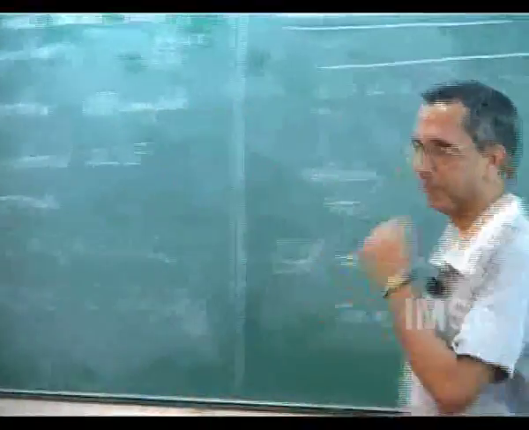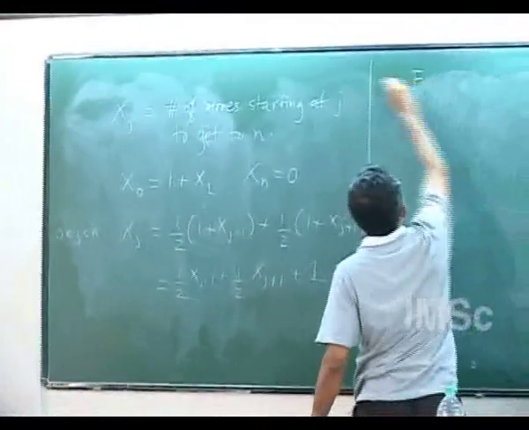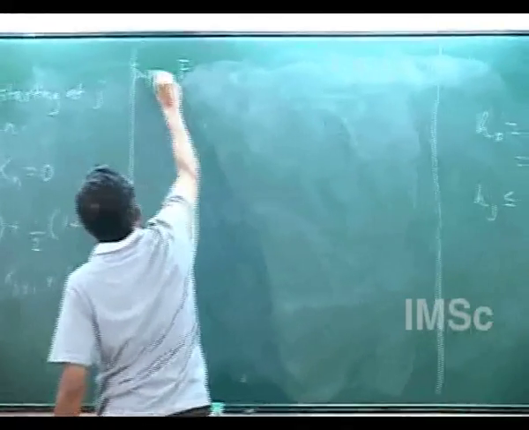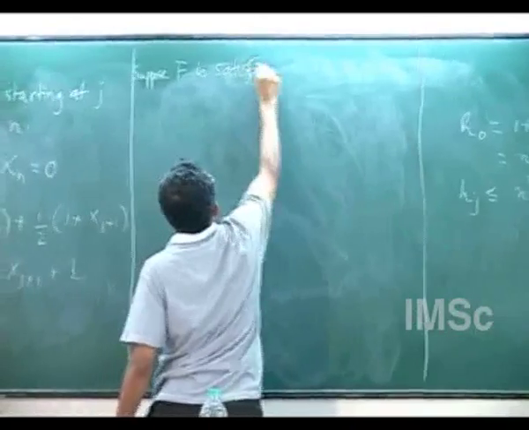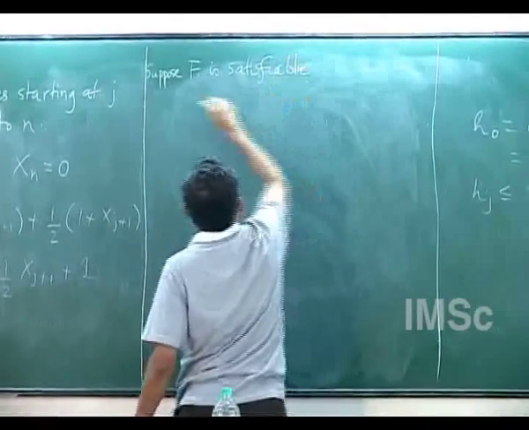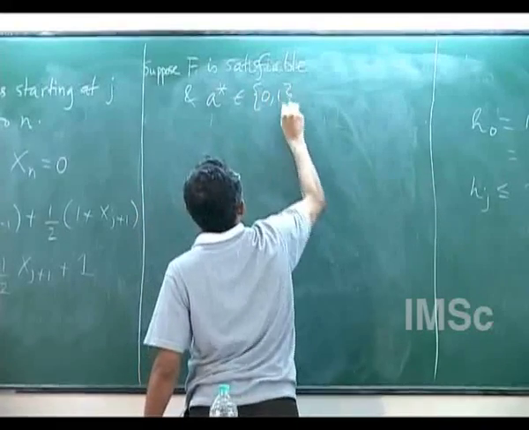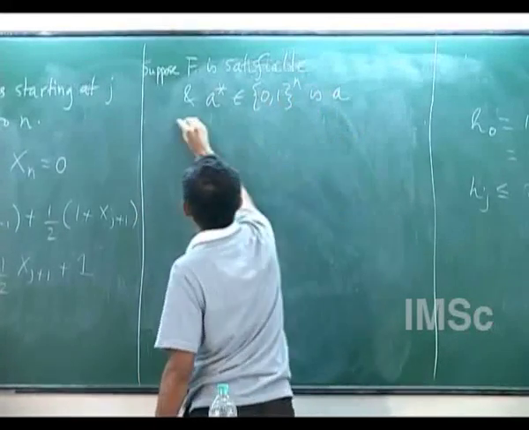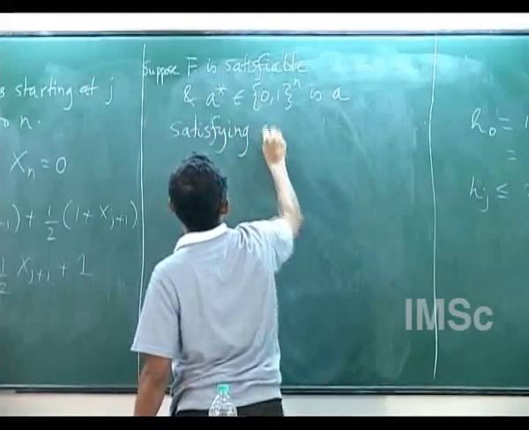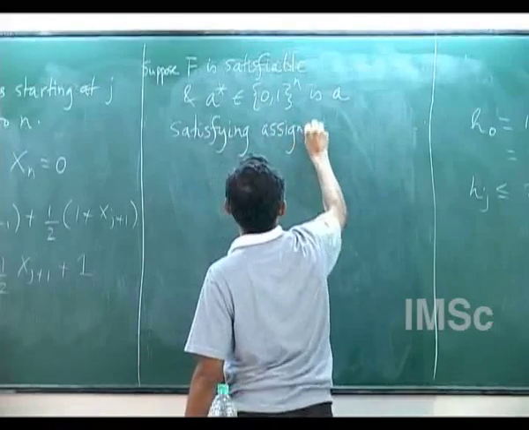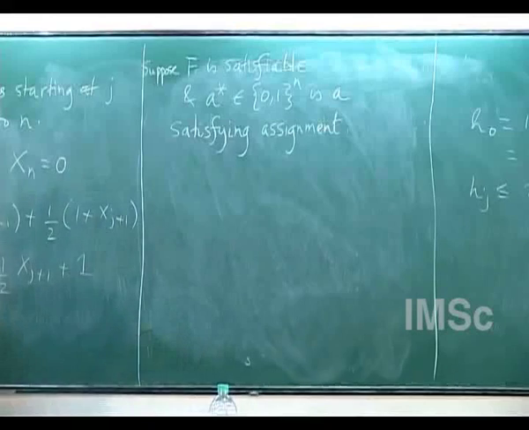So suppose F is satisfiable, F is a 2-SAT instance, and A star is the satisfying assignment. Okay, so our goal is to get to A star.